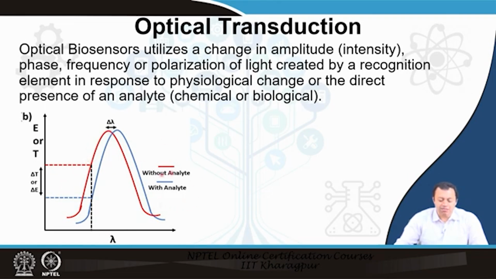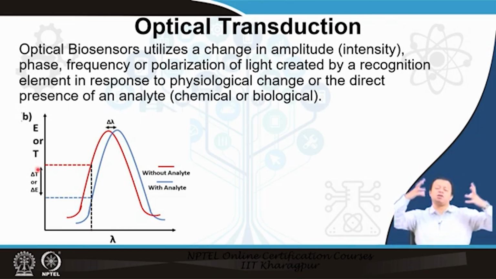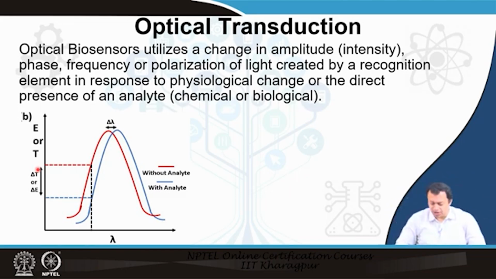When the analyte is present, in the blue curve, there is a shift either in frequency or in the phase, even the polarization can change, or the intensity of light that usually used to get transmitted or reflected is somehow getting lost because of the presence of an extra material on top of the optical biosensor. So, this is something that you detect.